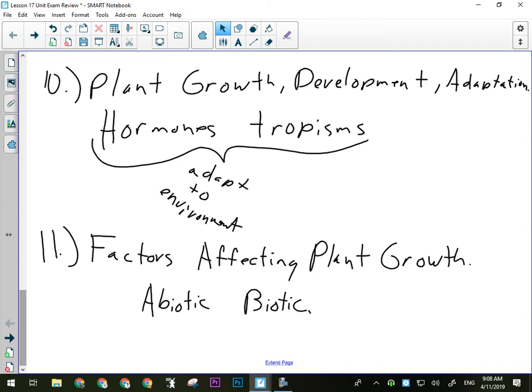function of organelles, plant transport, more stuff here about plants, plant transport, plant growth and development, more plant growth and development, modes of nutrition, multicellularity, plant structure, microscopy.